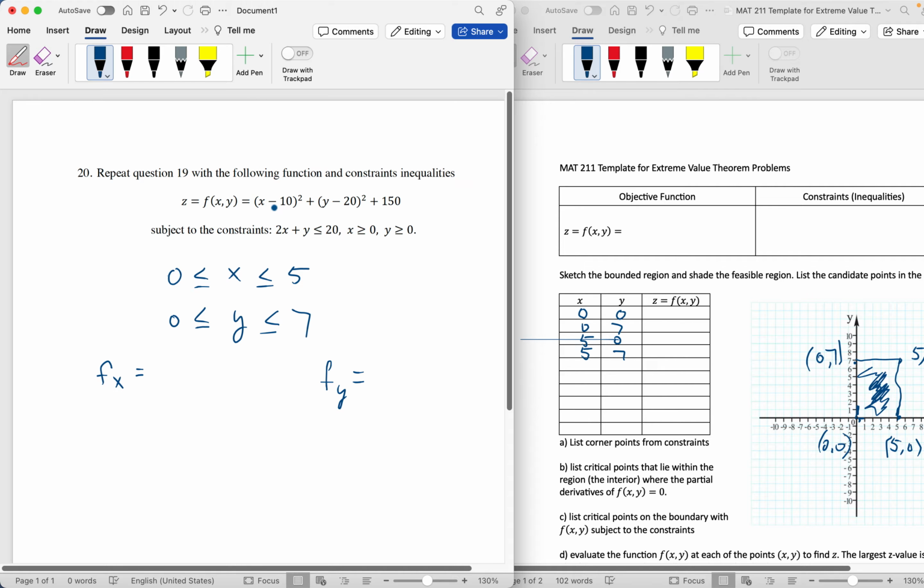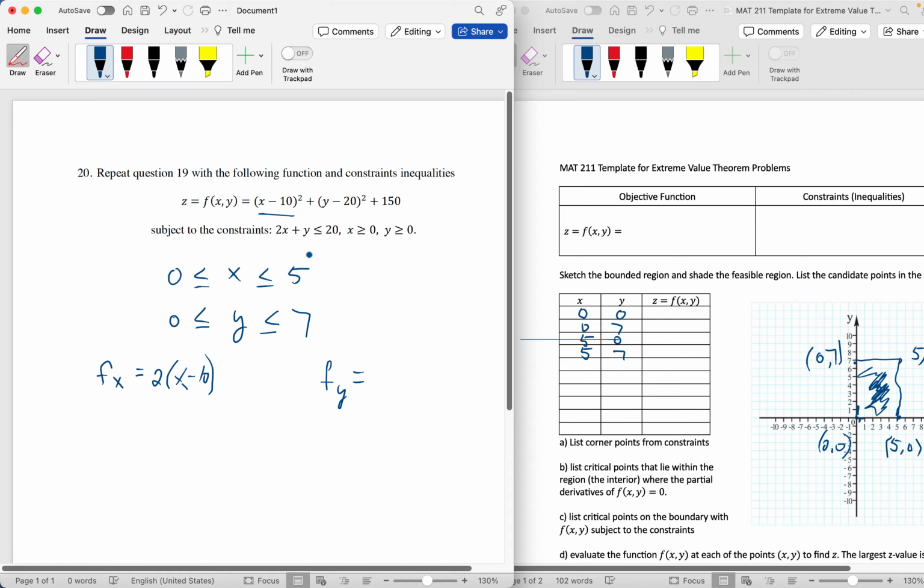So I'll go ahead with the chain rule. We're taking a derivative with respect to x. So the 2 comes down. This is the outside, x minus 10, and then it's to the first power. And then we take the derivative of the inside, which is, the derivative of x is 1. So it gets multiplied by 1.